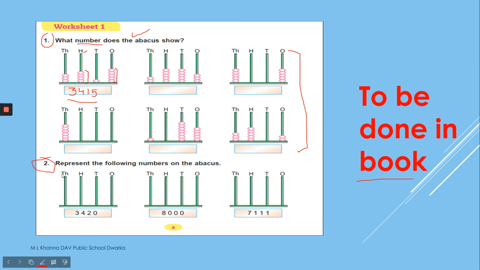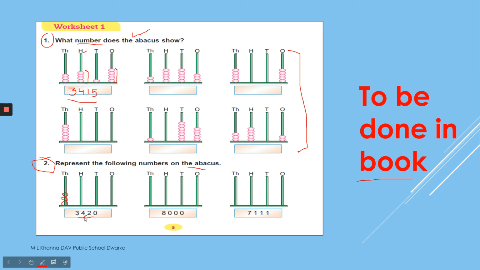In question number 2, the number is given. You have to represent the following number on the abacus. Now tell me, children, what is the place of 3 here? It's 1000 place. So how many rings will we be drawing in 1000 place? Yes, 3 rings.